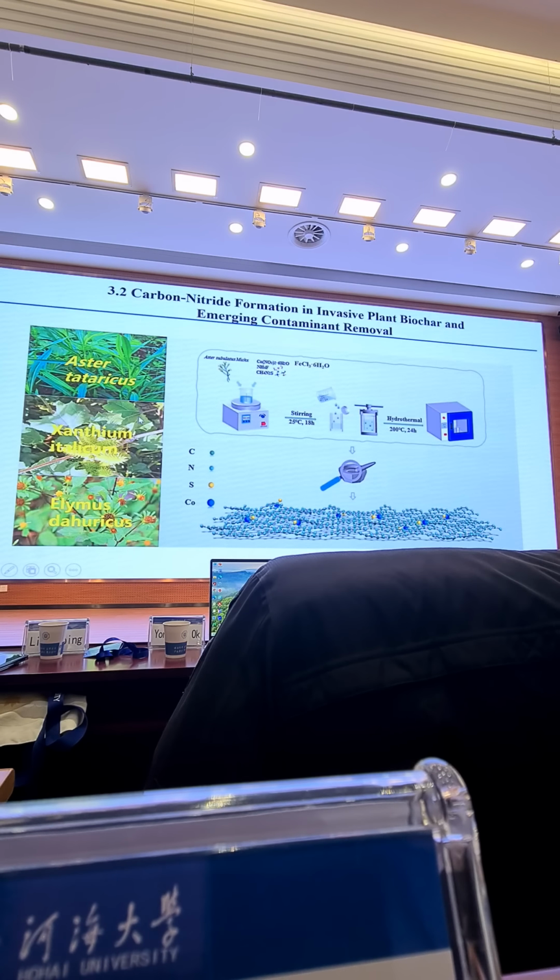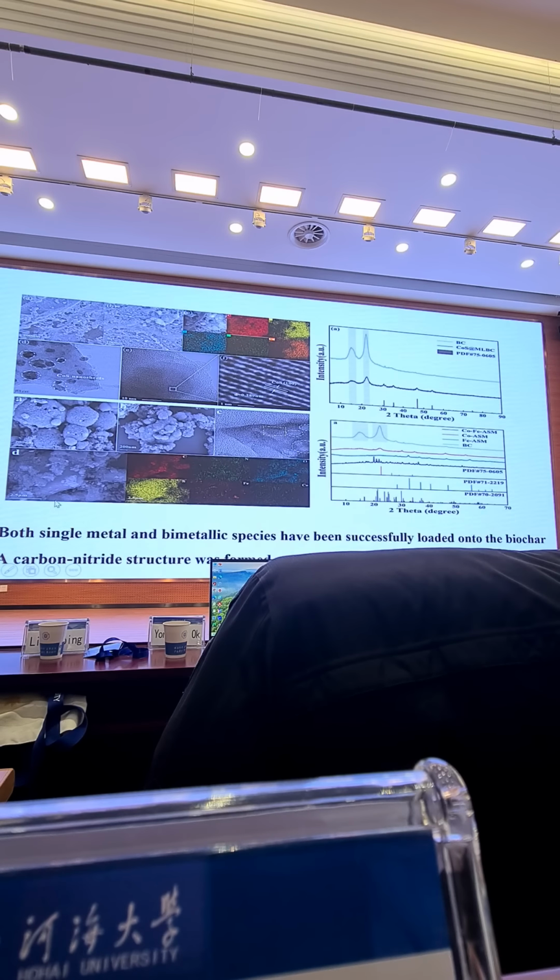These are the 3 invasive species we use, especially in the Three Gorges dam area, because of the water fluctuation, they have like 30 meters, and each year they have some period of time, at least 3 or 4 months, that grows so fast. So we can actually use those plant species for that purpose.